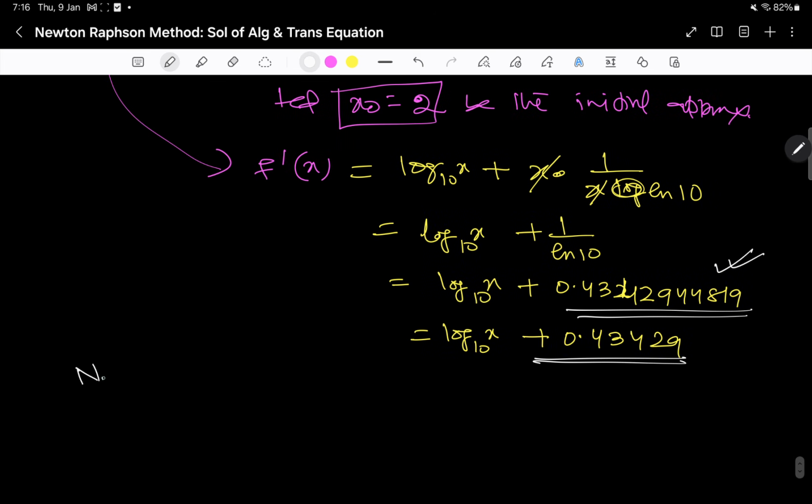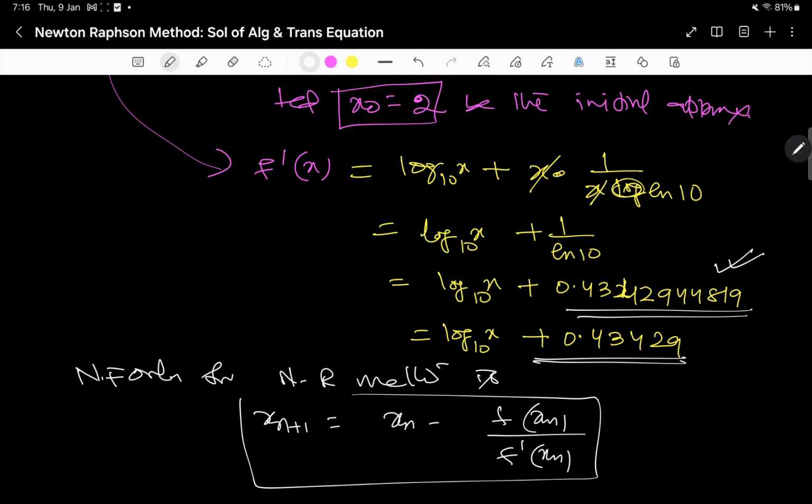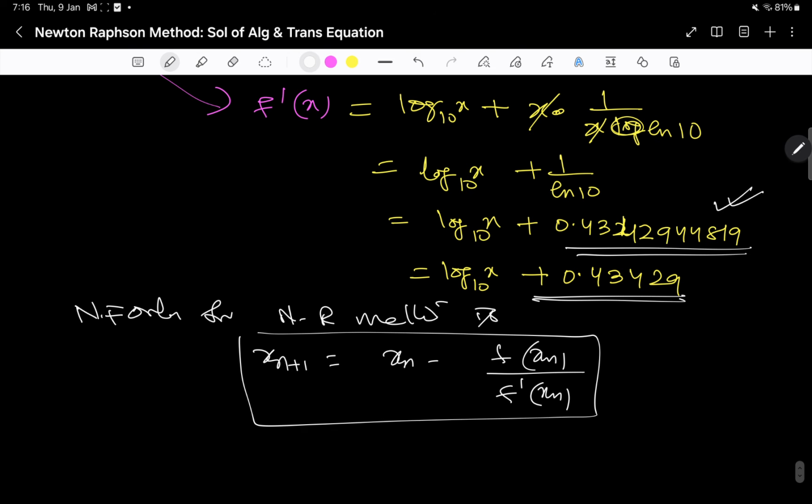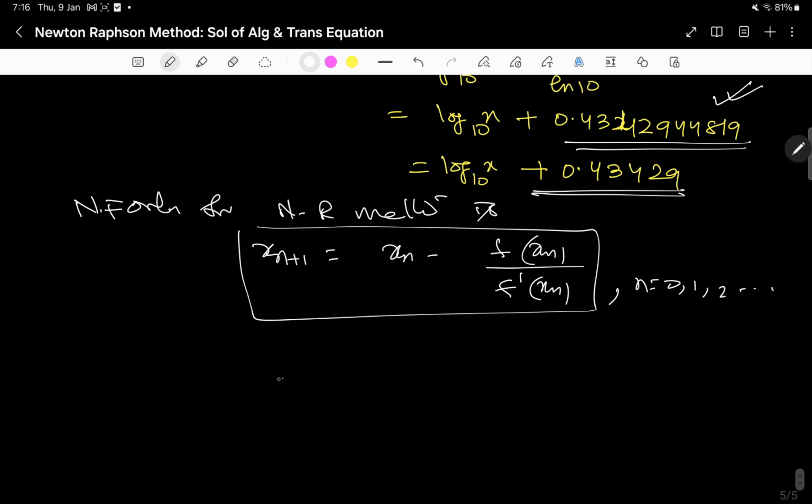Now the necessary formula for the NR method is x n plus 1 is equal to x n minus f x n by f dash x n. Okay, so just you simplify this formula, or step by step you start from here, n is equal to 0, 1, 2, but it will be lengthy, but it is better you should simplify the formula.